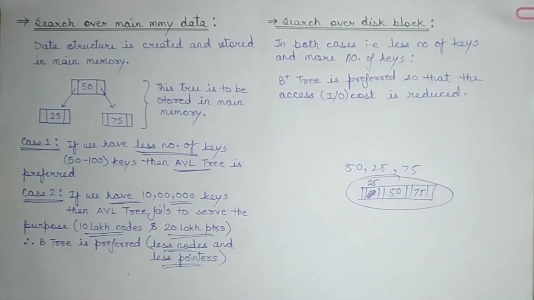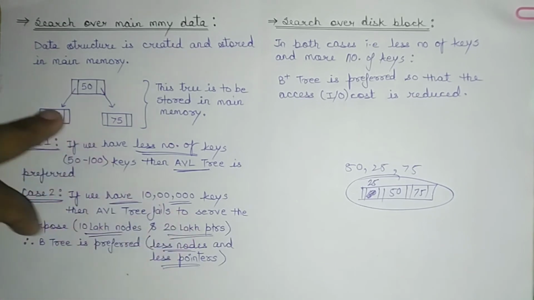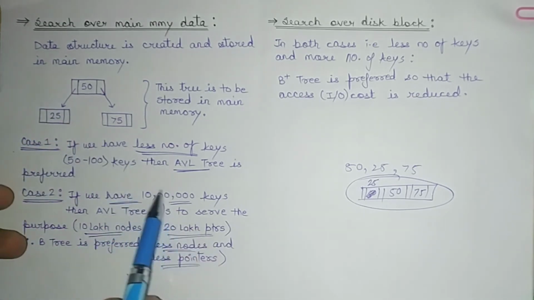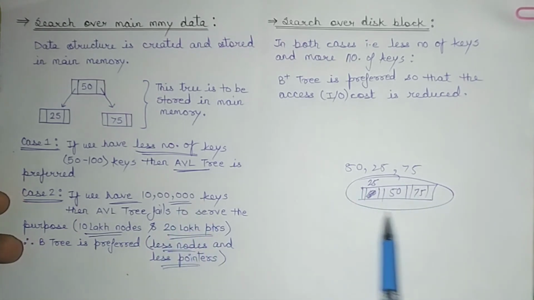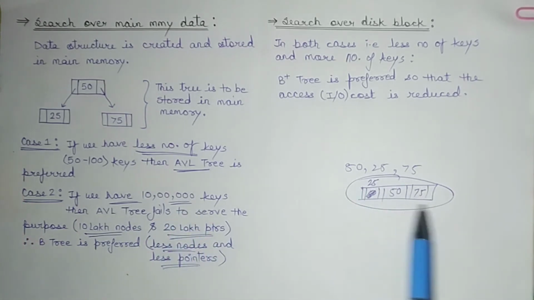So one node is sufficient if we are considering the B tree, but for the same in an AVL tree we are considering more nodes. In the same way, for 10 lakh keys there can be really very few nodes as compared to AVL.